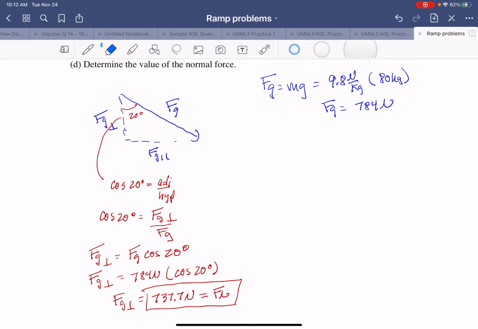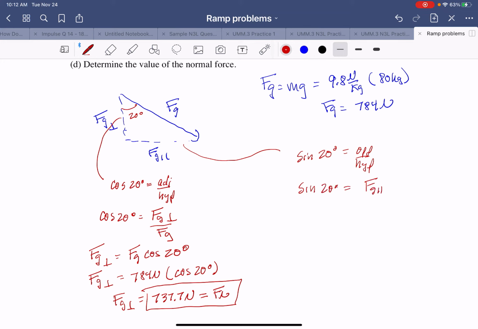Let's do this leg. We know sine of 20 is opposite over hypotenuse. So sine of 20 degrees is my gravitational force parallel divided by my gravitational force. So my gravitational force parallel to the surface is Fg times sine of 20 degrees.